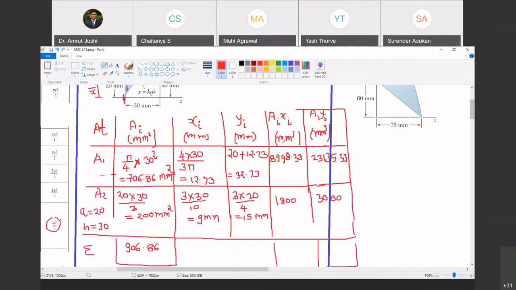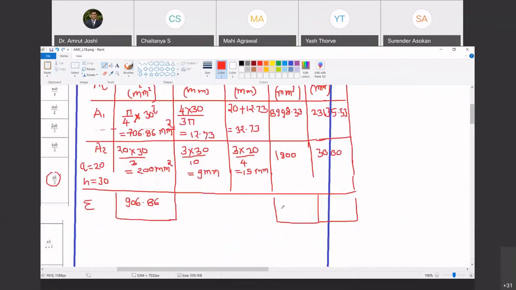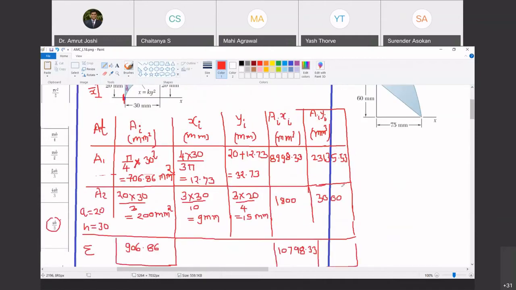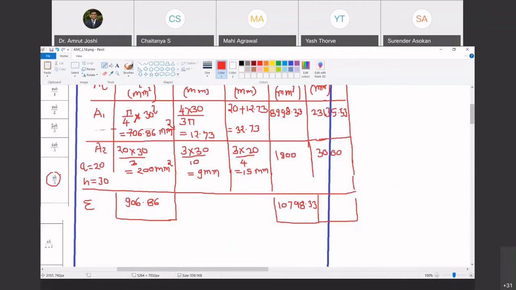So you have to do 8998.33 plus 1800, that is 10,798.33. What is the summation of AIYI? 23,135.53 plus 3,000. Sir, 26,135.53.